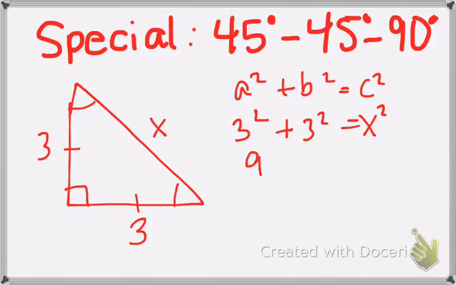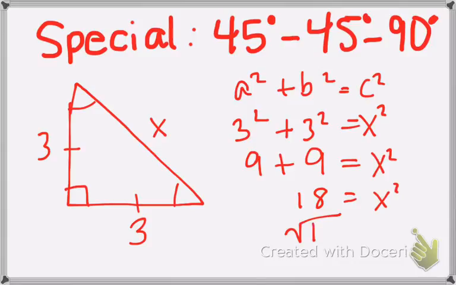We know 3 squared is 9, 3 squared is 9, 9 plus 9 is 18, and then to solve for x, we take the square root. The square root of 18 is not a nice, beautiful, perfect square, so we had to factor it. So we know the square root of 18 is 2 times 9, or 2 times 3 times 3.